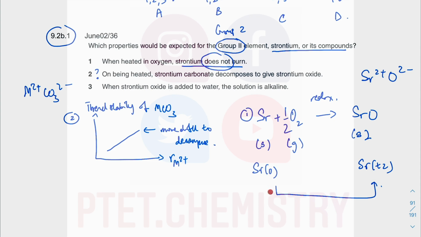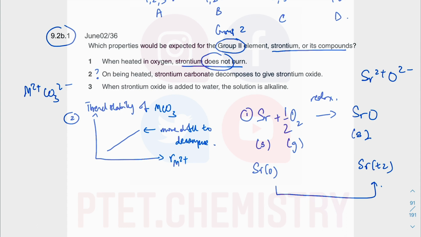The strontium must lose the outer shell electrons because now you have 2 fewer electrons. Going down group 2, it should be easier to lose the outer shell electrons because there are more filled electronic shells. The valence electrons, the outermost shell electrons, are more shielded due to the inner filled shells, right?